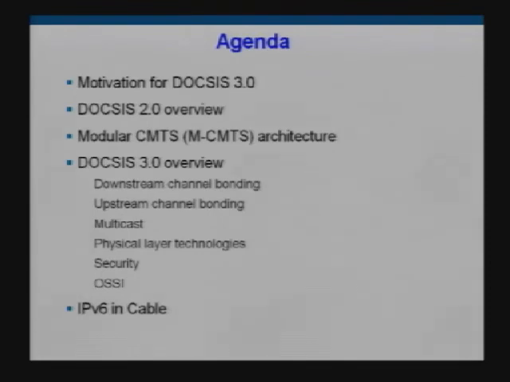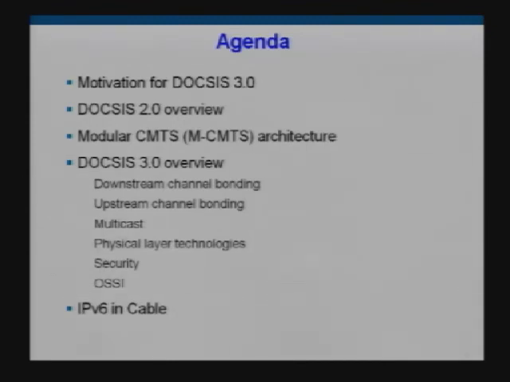In the DOCSIS 3.0 overview, we would cover some of the key new features introduced with DOCSIS 3.0. One is called downstream channel bonding. Then we have the upstream channel bonding feature also introduced with DOCSIS 3.0. As far as multicast support in the cable network is concerned, we will look at the enhancements introduced in DOCSIS 3.0 compared to prior versions.